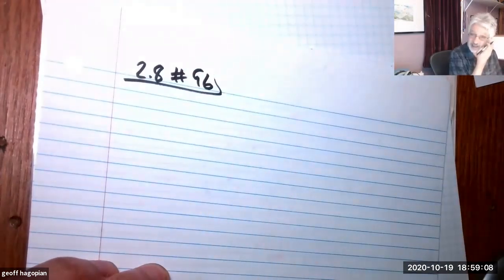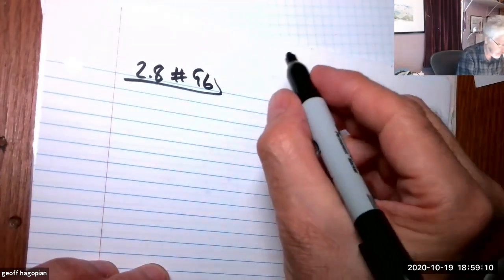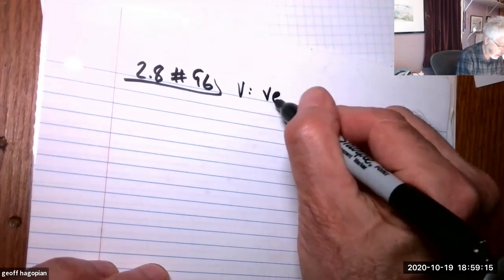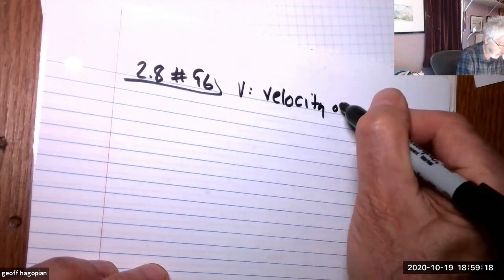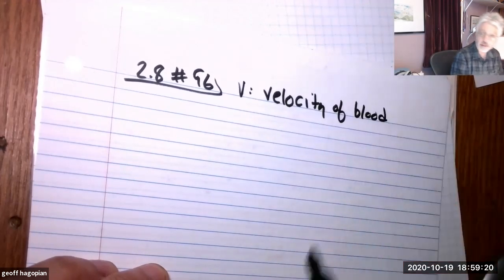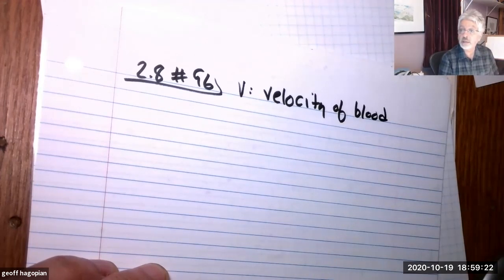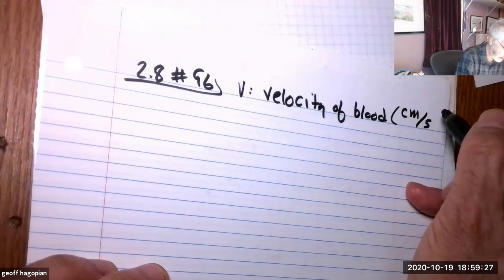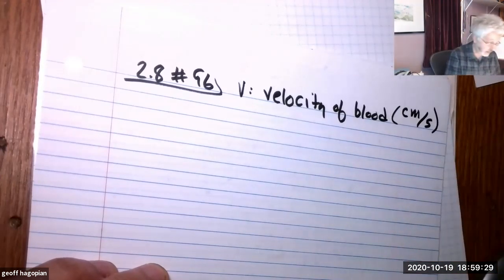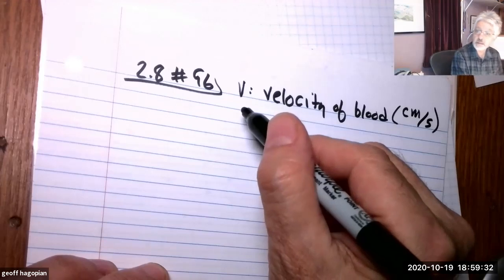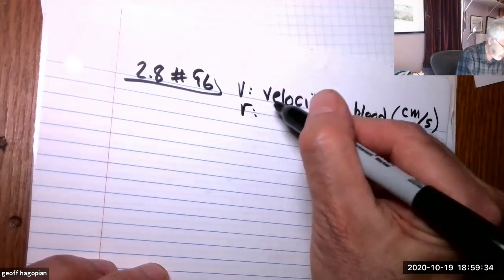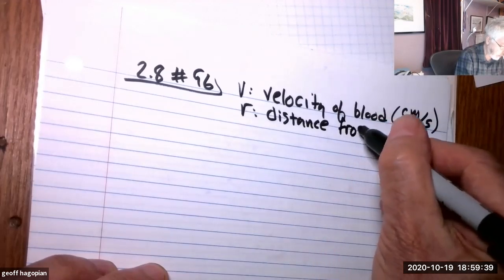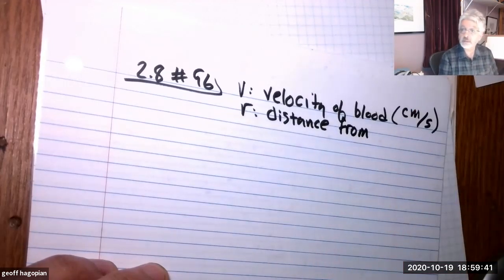And here we've got the velocity of blood, and this is in centimeters per second. And r is the distance from, what are they calling it? The axis, central axis.